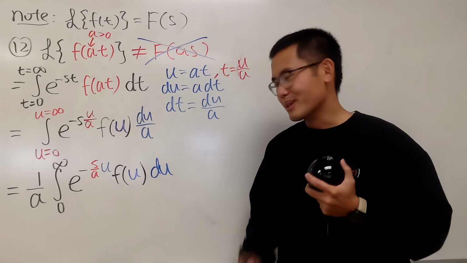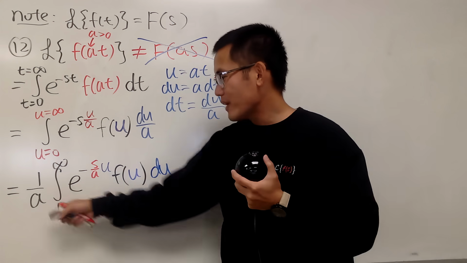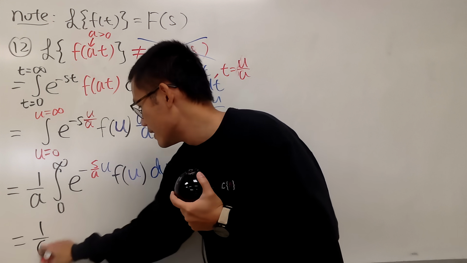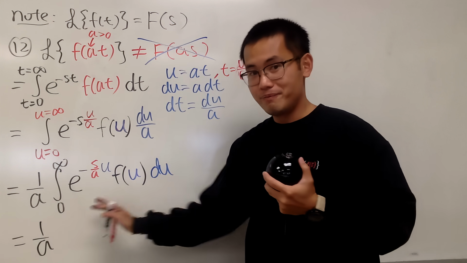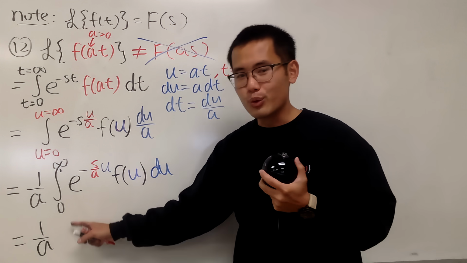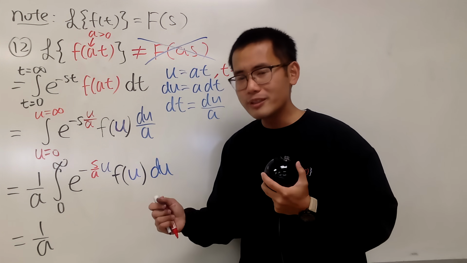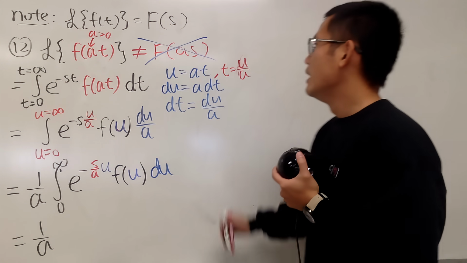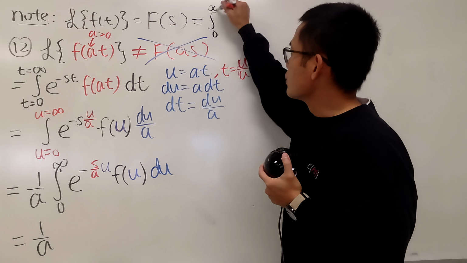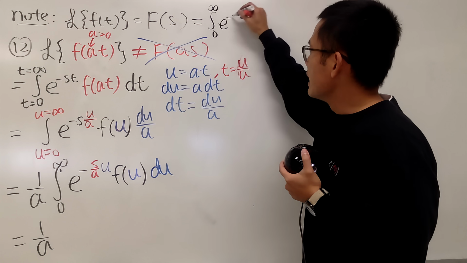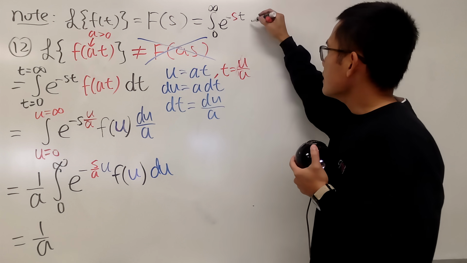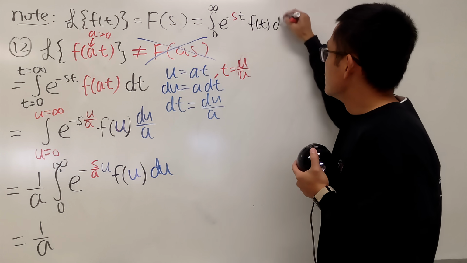Now, have a look. 1 over a is all the way in the front, so that's nice. What's this though? Well, u and u match, and this is an integral going from 0 to infinity. So this is almost like our Laplace transform. You have to remember the definition was integral going from 0 to infinity, and we have e to the negative whatever we have here, s t, and then f of t dt.